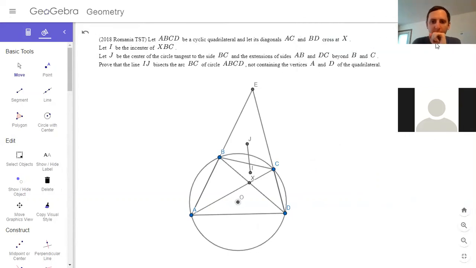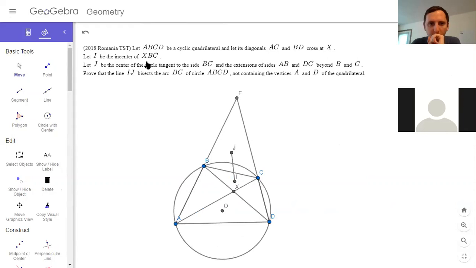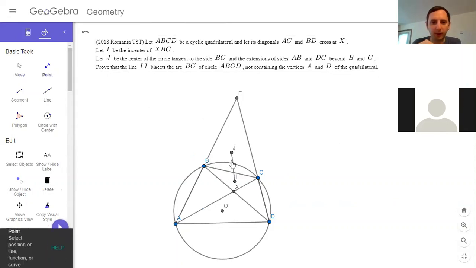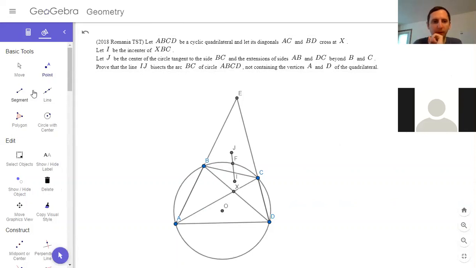I and J are in-centers. So if IJ bisects arc BC, that means that OF is perpendicular to BC, right? So yeah, we might want to let IJ meet it at F, and now we want to show OF is perpendicular to BC. That's kind of an idea I have.